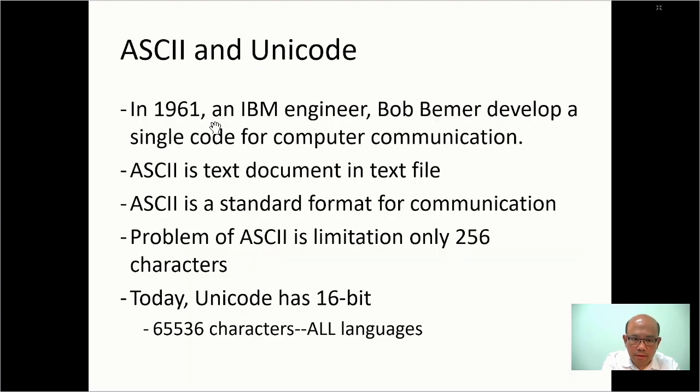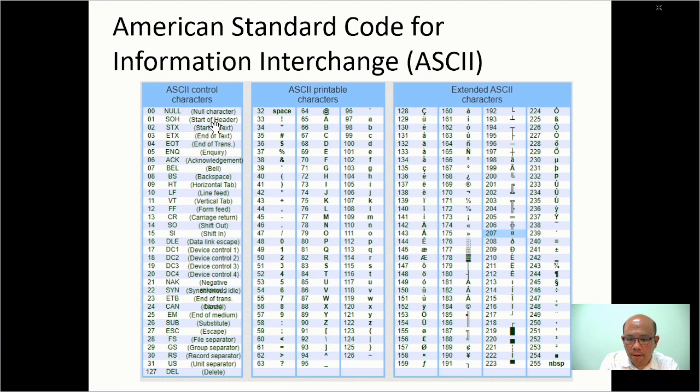In 1961, the computer used a dot matrix printer, which has a printer head. The printer head movement is controlled by ASCII control characters: start of heading, start of text, end of text, and line feed.